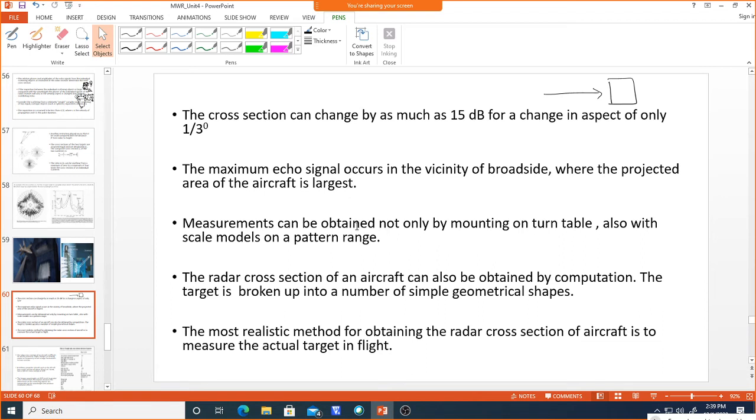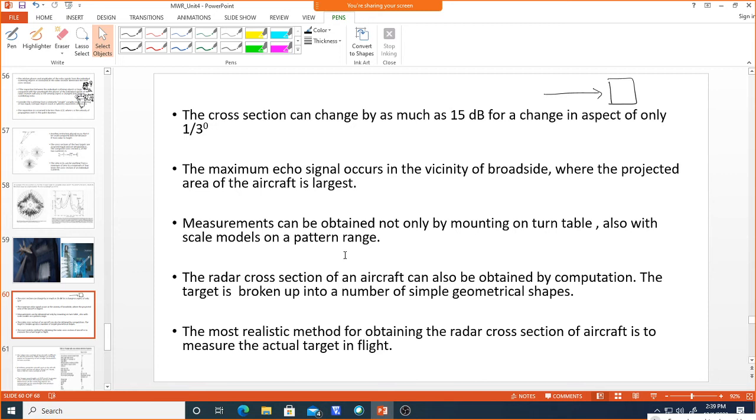Okay, and measurements can be obtained not only by mounting on a turntable, but also with scale models on a pattern range. Again, you can use different patterns like pencil beam or fan beam. Pencil beam means only directive antennas that you put at a particular position or direction.